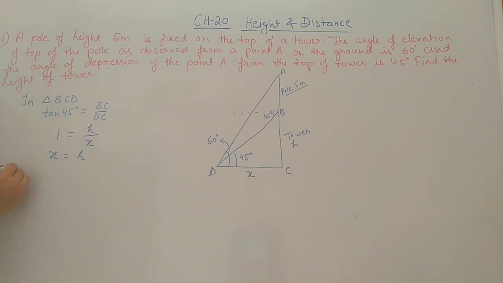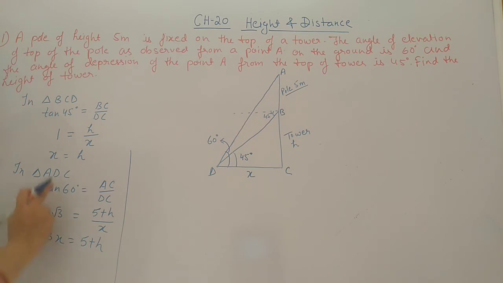Now we will take another triangle, triangle ADC. Tan 60 is equal to height AC by base DC. Tan 60 value is √3. AC we can write as 5 plus h and this is x. So we have √3x is equal to 5 plus h.